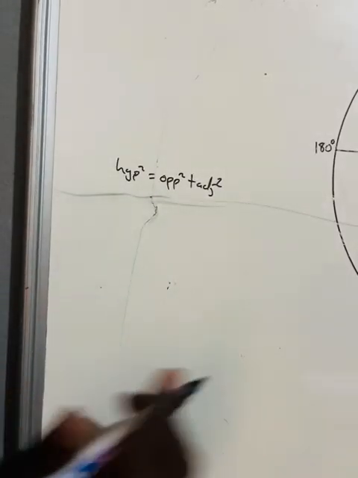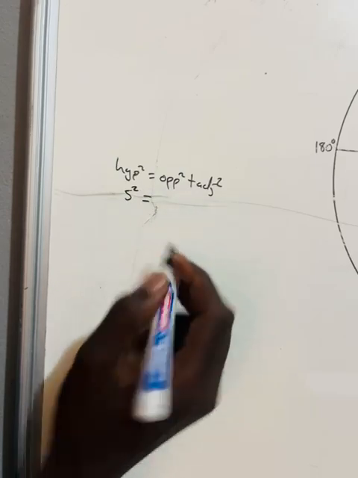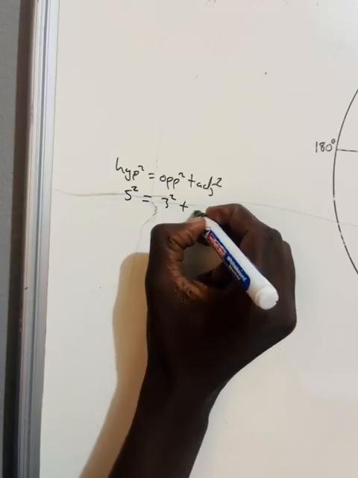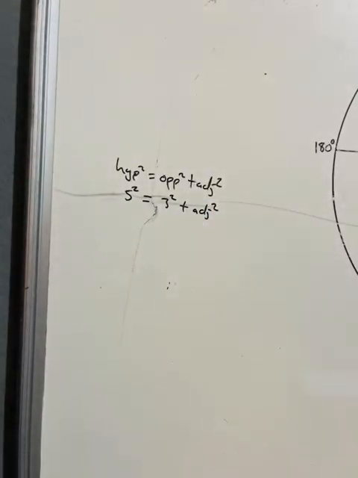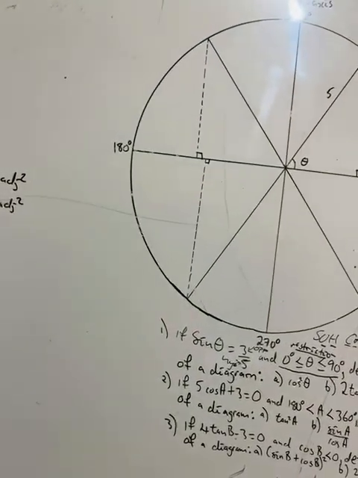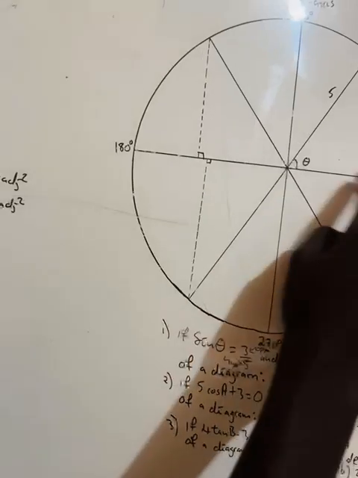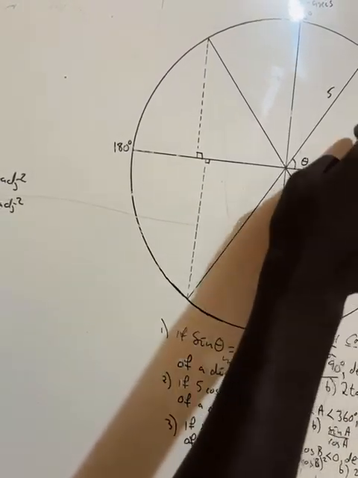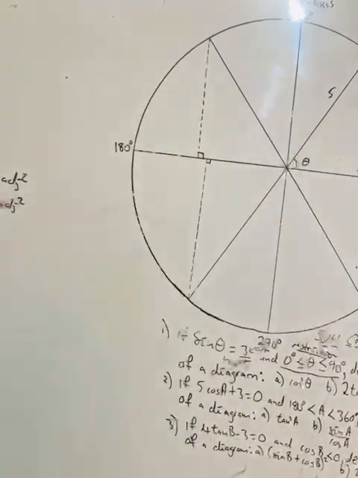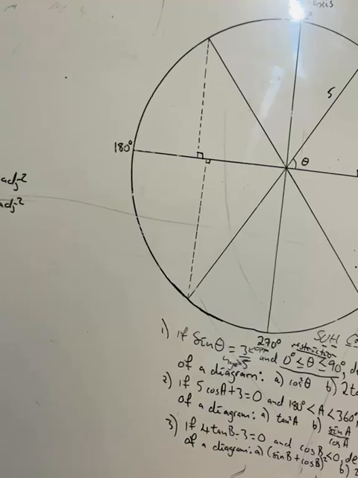So our hypotenuse is 5. So we write that 5 squared is equal to our opposite, which was 3. So we write 3 squared. But we do not know our adjacent. So we say adjacent squared. Please note, some of the students make mistakes and end up losing marks. Two videos before this one, I said that on the x-axis, they use letter X. On the y-axis, they use letter Y. And this radius, they use letter R. But if you are not provided those letters by the examiner, please do not write r squared is equal to x squared plus y squared.